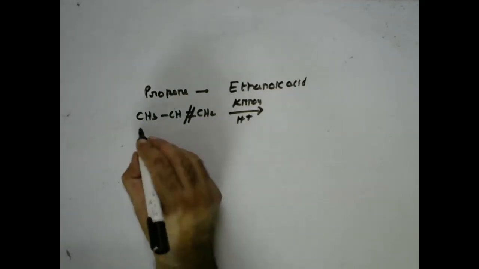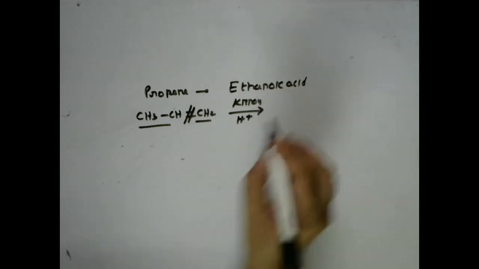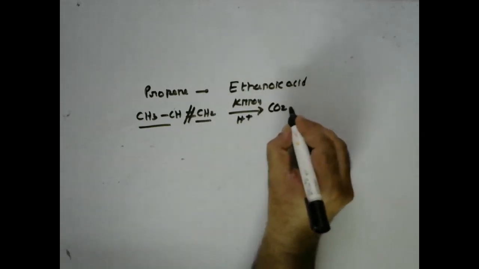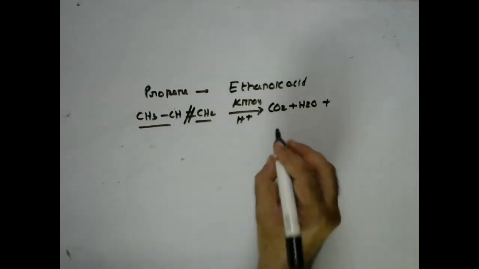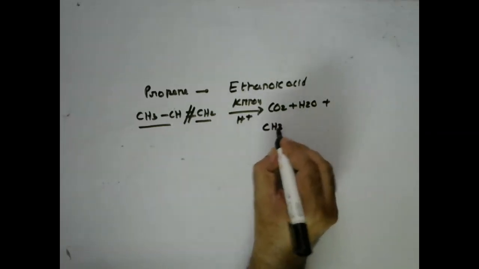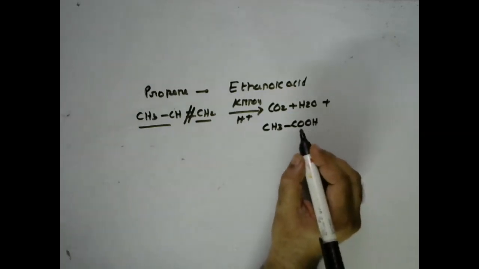What is going to happen? The double bond breaks. This part will separate out, this part will separate out. What will happen to this CH2 part? This will get oxidized to CO2 plus H2O. What happens to the other part? You can see CH, it will become COOH, so it will become nothing but your ethanoic acid. So you are going to get ethanoic acid plus CO2 plus H2O.